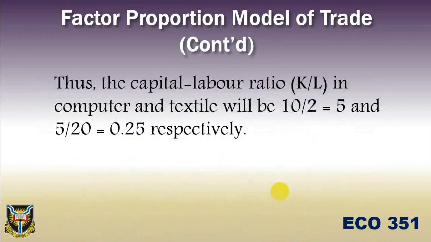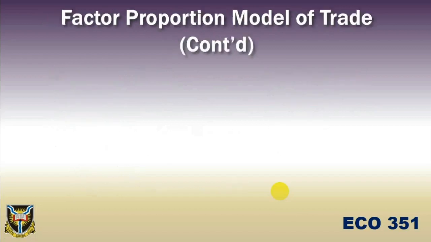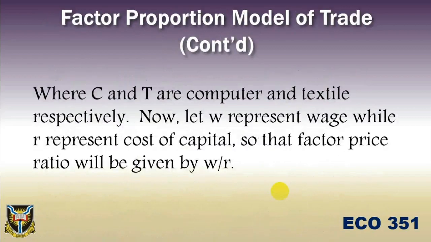Thus, the capital-labor ratio in computer and textile will be 10/2, that is 5, and 5/20, which is 0.25, respectively. What this implies is that K/L for computer is greater than K/L for textile, where C and T are computer and textile respectively.